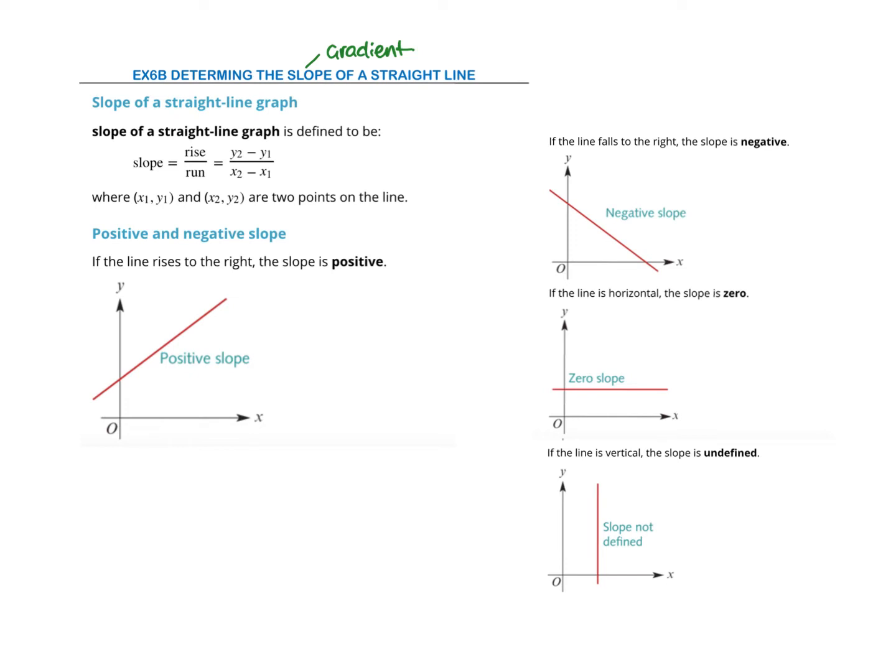Now, we can use a formula to find the gradient or the slope. In our straight lines, remember we had mx plus c, and the gradient was this letter here, m.